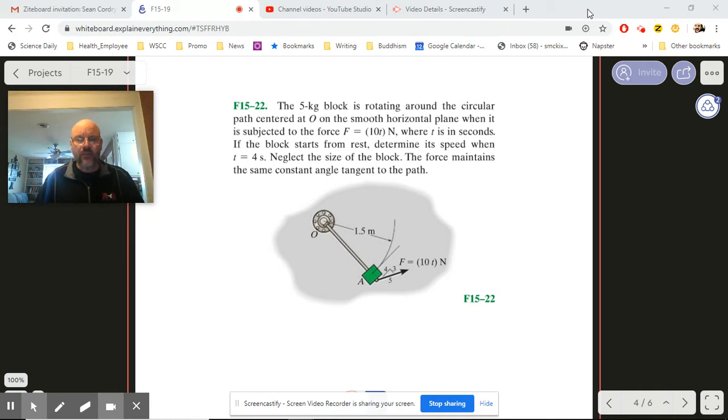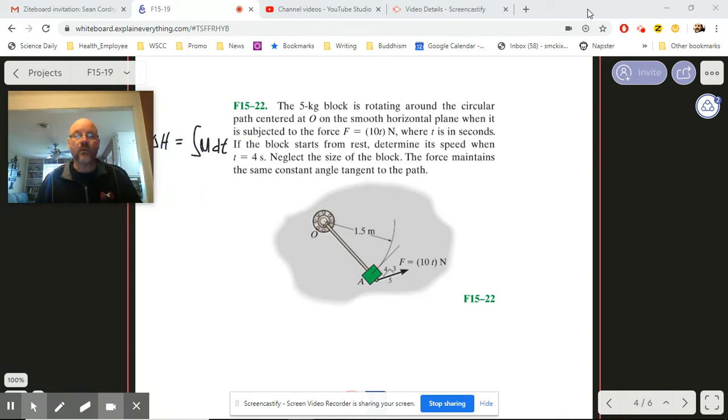Our block is starting from rest in this case. Okay. It's going to move for 4 seconds. Either way around it, those are just details. Okay. We're still looking at a situation where our delta H is going to be the integral of M dt.